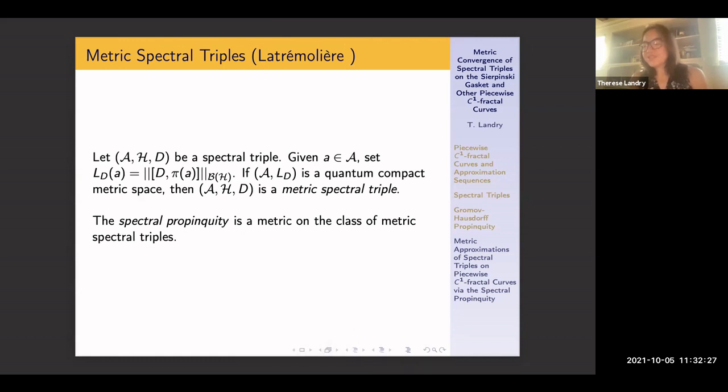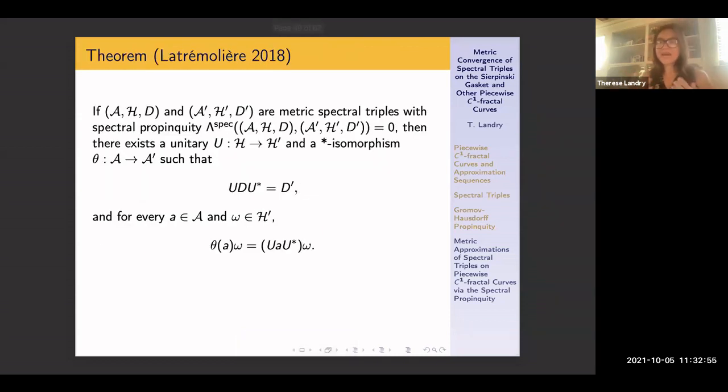Well, you get some extra information: there's an additional module structure of the Hilbert space over the C-star algebra, and it also takes into account the action of the Dirac operators on the Hilbert space. So it is an extension in the sense that different aspects of the Hilbert space and the Dirac operator happen to be encoded in this metric.